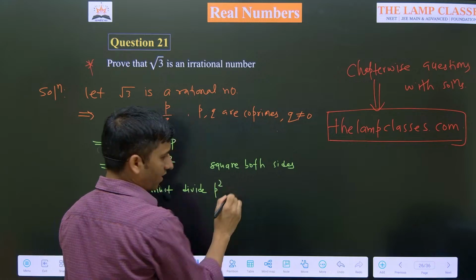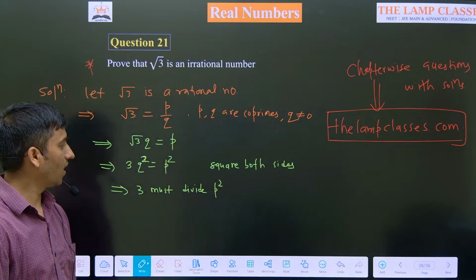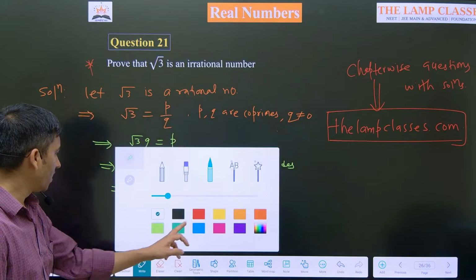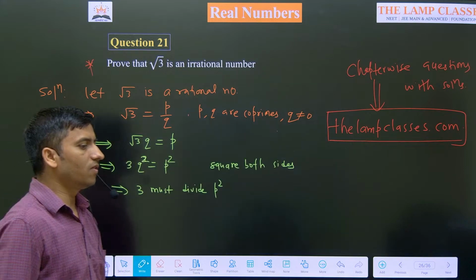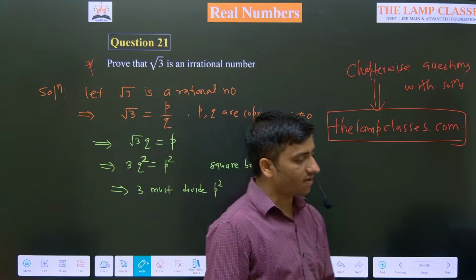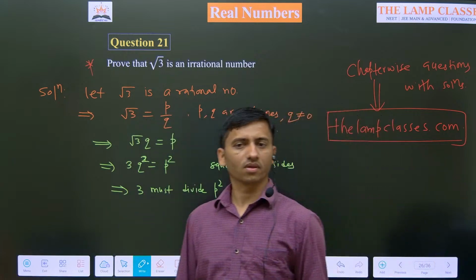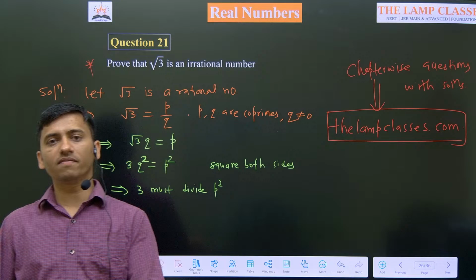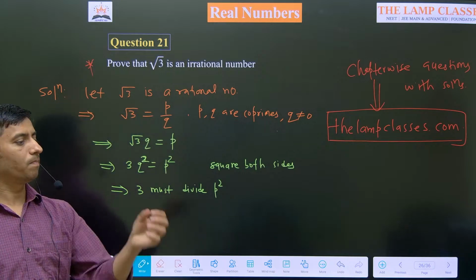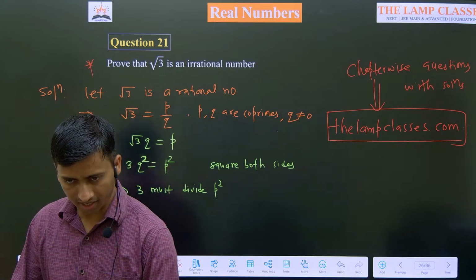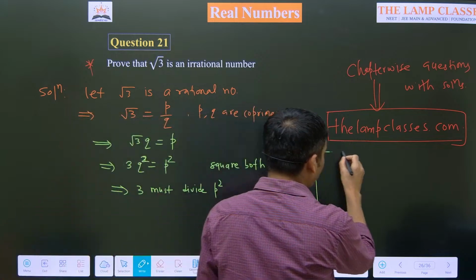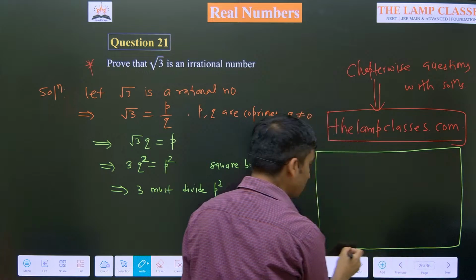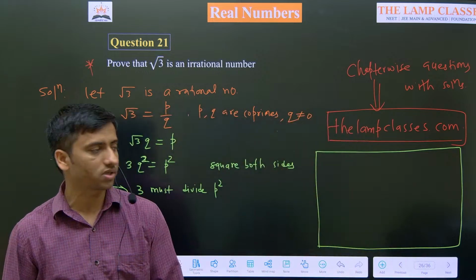And now here comes the theorem. The theorem was, in fact in NCERT also it was written, if a prime number p divides a square, then p also divides a. I'm just writing that statement. And based on this statement itself, there can be an MCQ question.